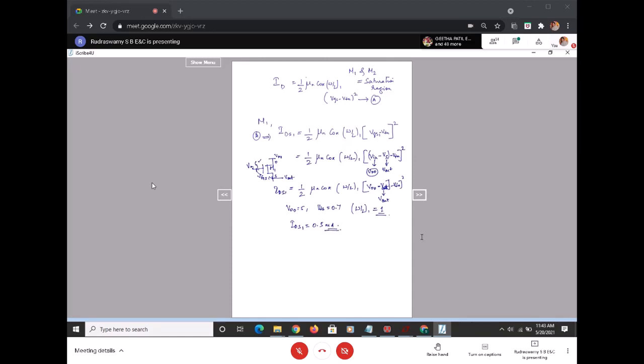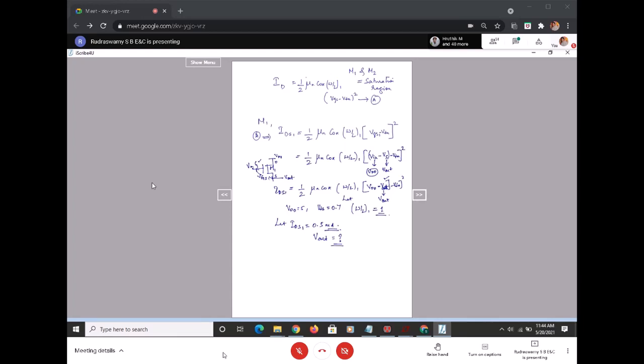So let IDS1 be 0.5 milliamperes, VDD is 5, threshold voltage is 0.7, and the W by L ratio is 1. It may be 6 by 6 or 5 by 5, whatever you want, but the ratio is 1. So we know VDD. Now we have to calculate what our V out is.